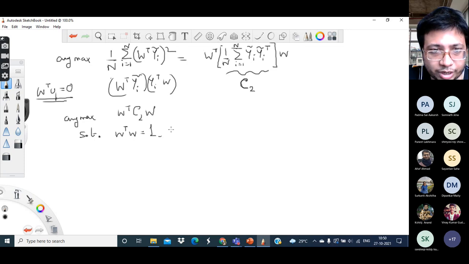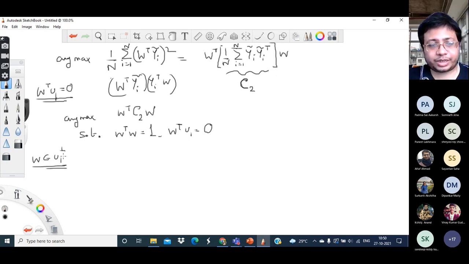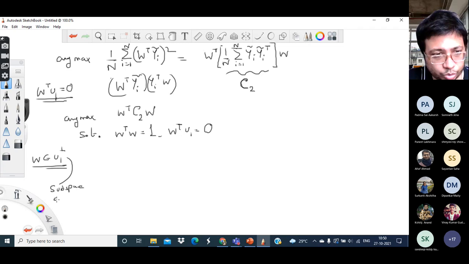Also, W transpose times u1 should be equal to 0. Why? Because I have already projected the data along u1. So this W, whatever it is, must lie in u1 perp. What is u1 perp? u1 perp is a subspace orthogonal to u1.